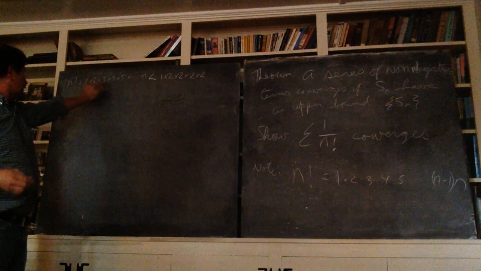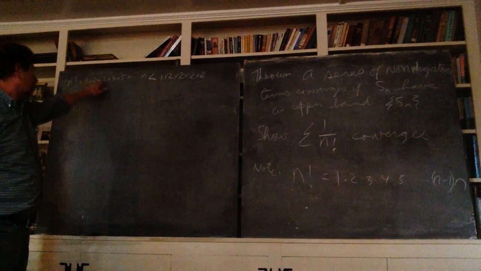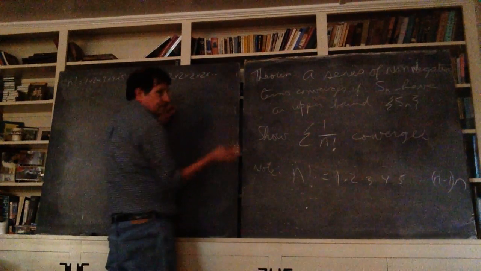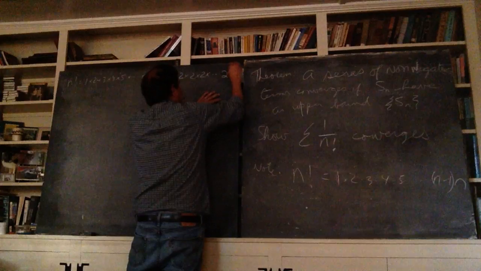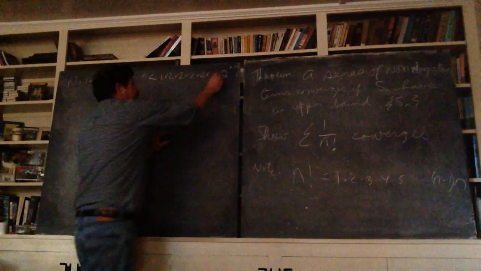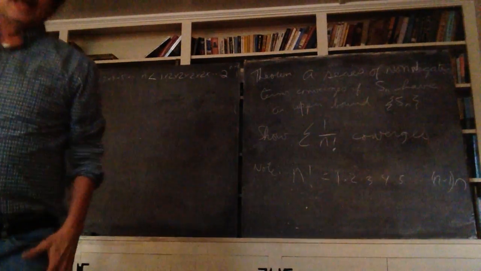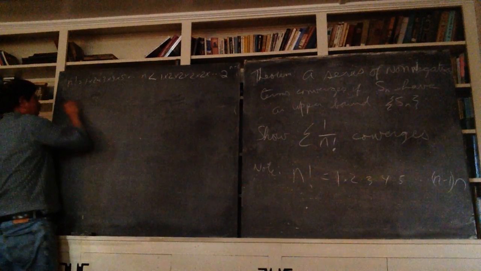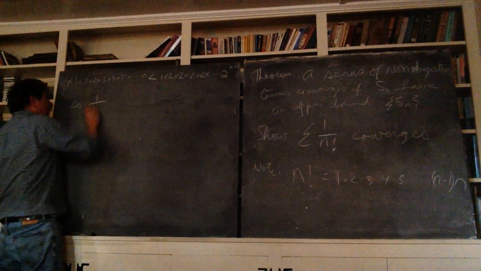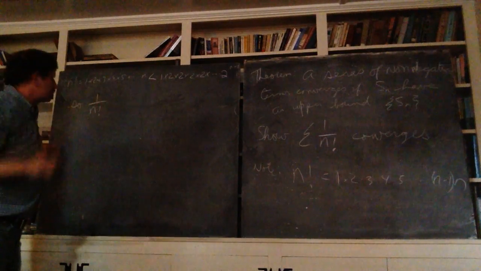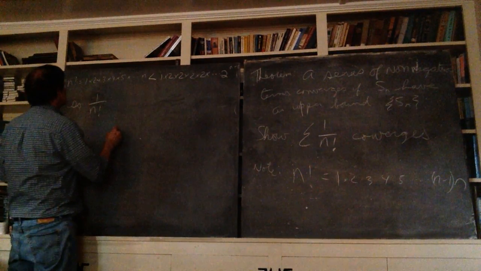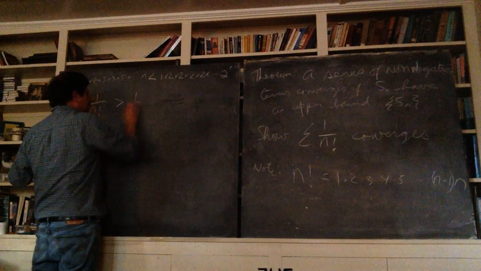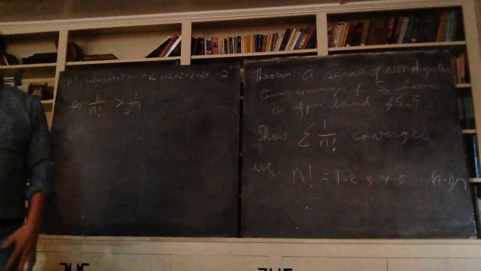So the factorial is way bigger because we're multiplying by 3, by 4, by 5 instead of 2's. If I keep multiplying, this is of course 2 to the n minus 1. And so if I flip them, 1 over n factorial is strictly greater than 1 over 2 to the n minus 1. That's what's going on.